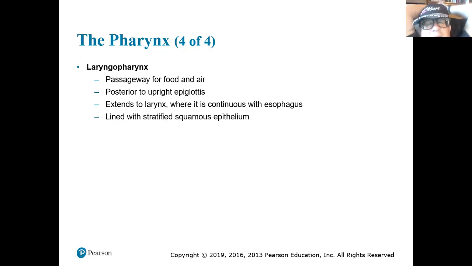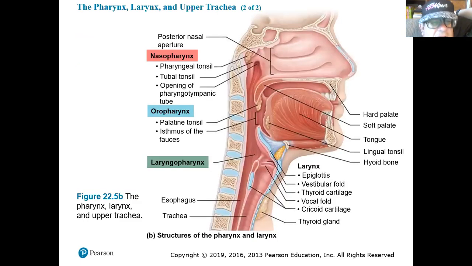And like I said, the best way to think of the laryngopharynx is a switching station, which decides if things in the mouth are supposed to go into the lungs or into the stomach. And because we have food passing through there, it's lined in stratified squamous epithelium. Stratified means you have many layers. Squamous means they're squashed flat. Because food is going to pass through there, you want it abrasion resistant. Okay.